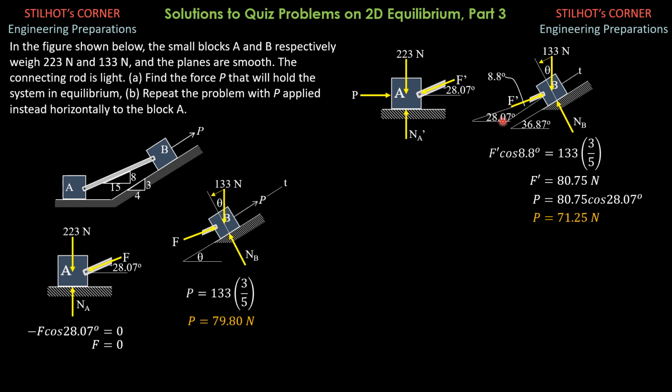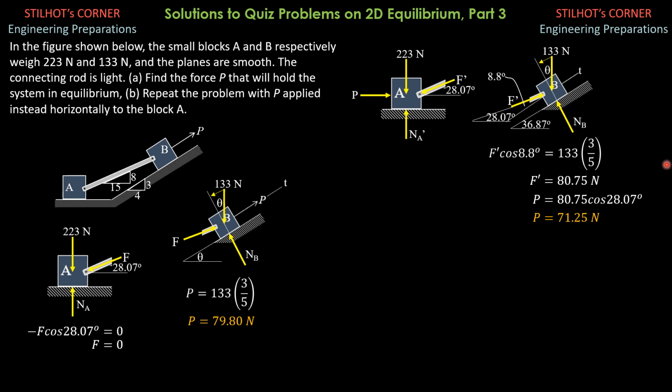Then summation forces Y equals 0: F prime sine 28.07 degrees plus NB cosine theta, and cosine theta is 4/5, so plus NB times 4/5 equals 133.